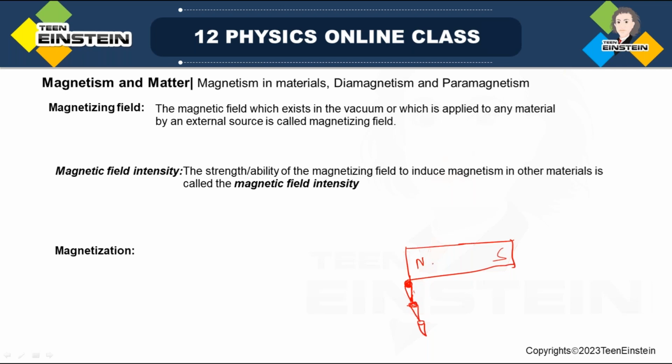Similarly, since the first one is magnetized now, the second pin is also getting magnetized upon keeping it in touch with that. So what we are seeing here is that a magnetic material, when placed in a magnetic field or near a strong magnetic field, will be magnetized. That means it will acquire magnetic property.